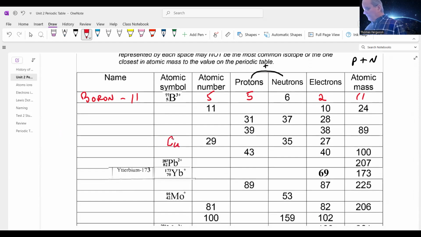Okay, so we have 29 protons because the atomic number is 29. What's the charge on that copper? You're going to be looking at protons and electrons. Which is more?